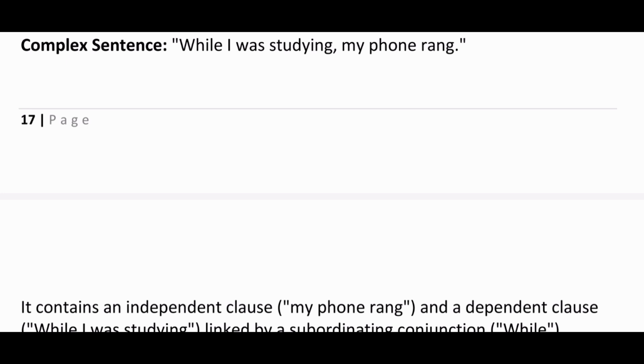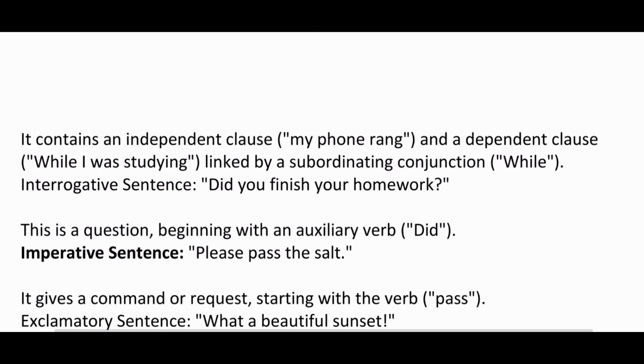But if I say while I was studying, then you are waiting: so what happened next? Like that, a question comes, right? But when you say my phone rang, fine, over. It contains an independent clause. So my phone rang is independent, which means even when there is no while I was studying, my phone rang still has a meaning. But while I was studying has no meaning without my phone rang, right?